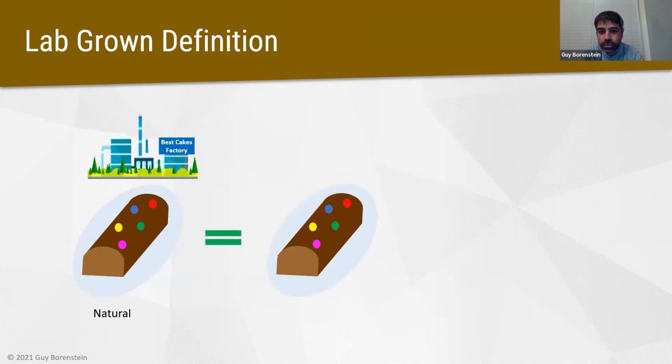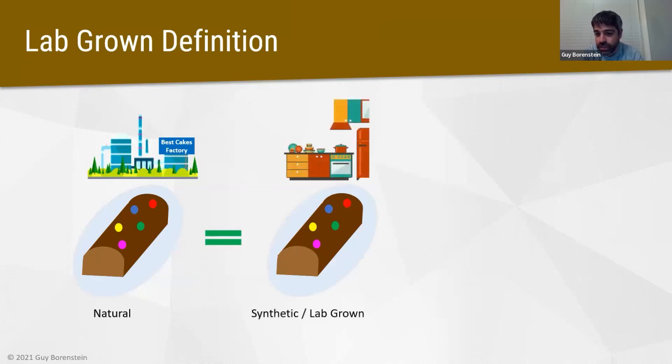Those two cakes will be exactly the same by look and by taste. The only difference between them will be the origin. One was created in the Best Cakes Factory, the other one in my kitchen. This is what we call synthetic or lab-grown. It is actually a duplication of what we see in nature.